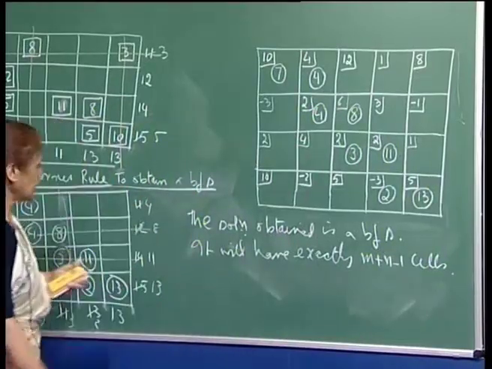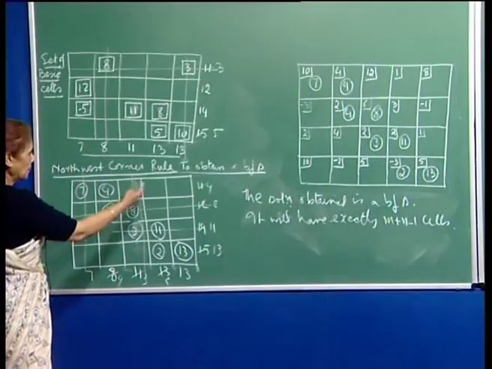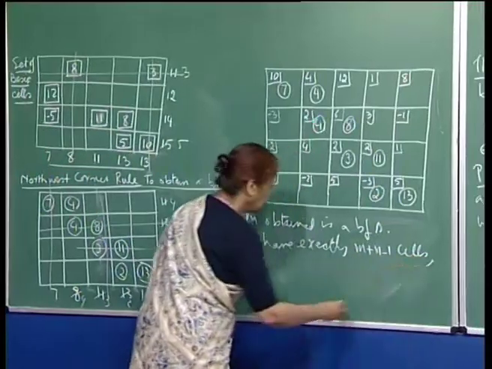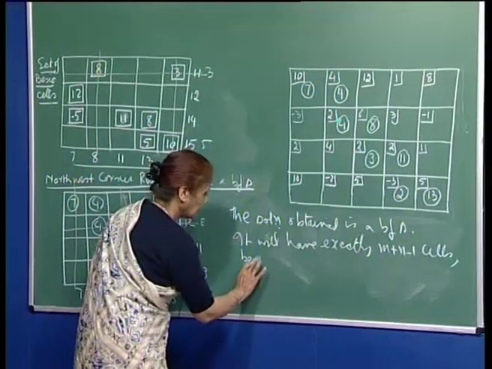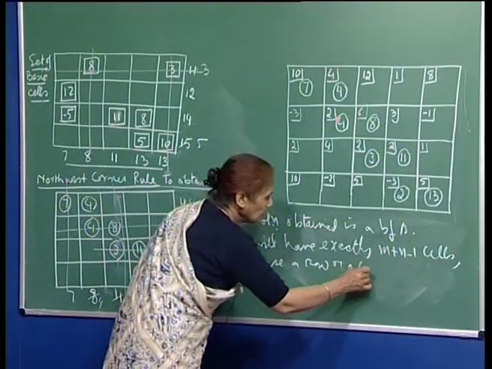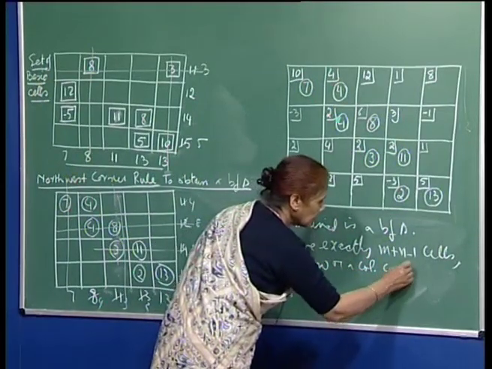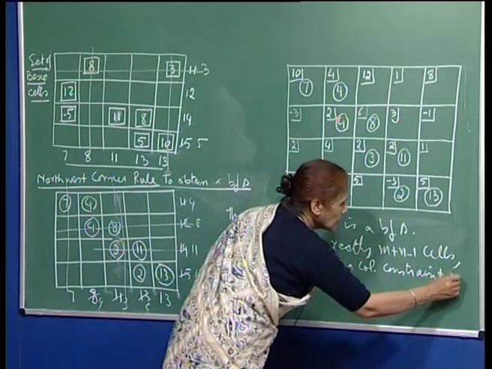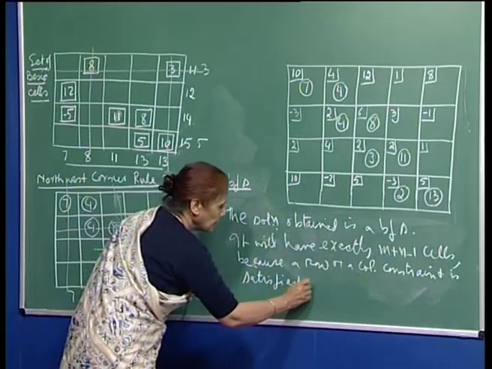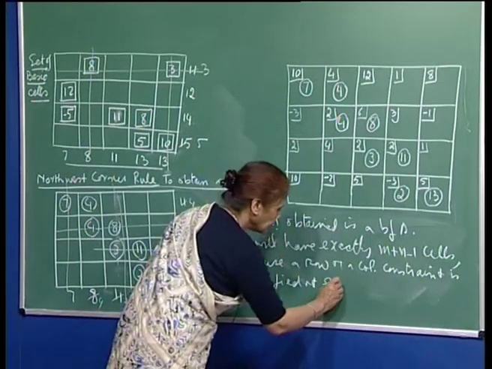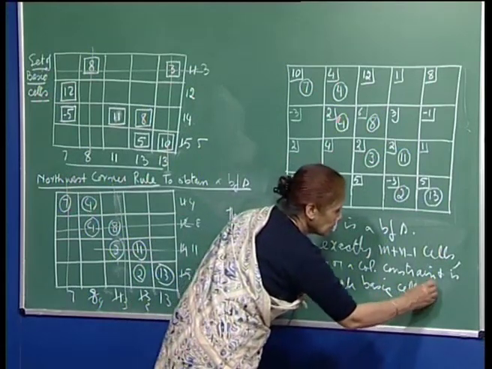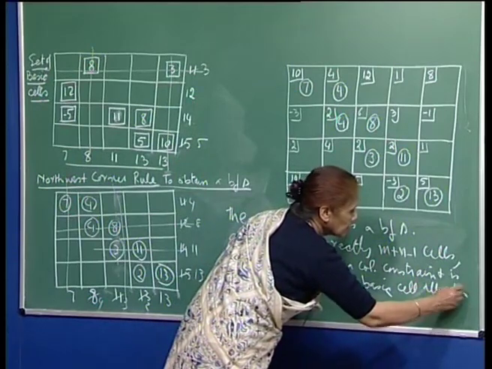So, you can do it for the general case, right. I have shown it to you for a 4 by 5, but it will have exactly m plus n minus 1 cells, because a row or a column constraint is satisfied at each basic cell allocation.